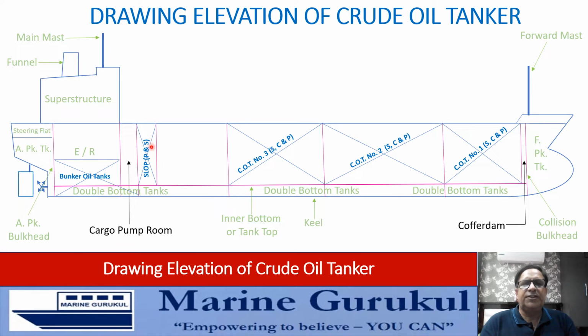Now, because of these slop tanks on the sides, the length of number 4 wing tanks will not be now up to this pump room bulkhead. It will be up to the forward bulkhead of the slop tanks. So number 4 port and starboard tanks, their boundaries would be from the forward bulkhead of these tanks to the forward bulkhead of the slop tanks.